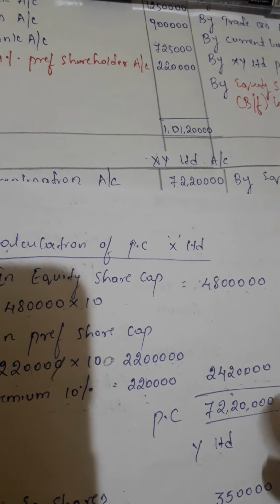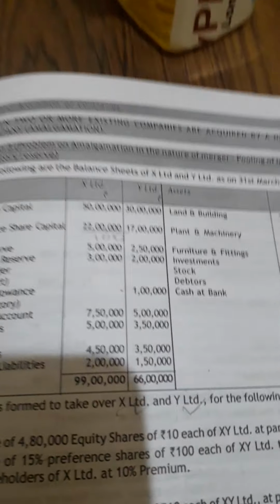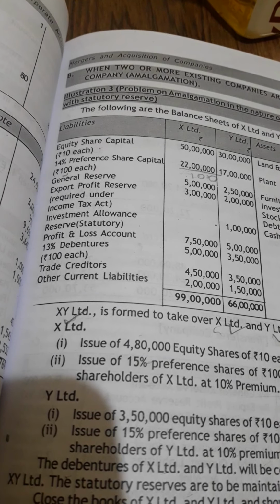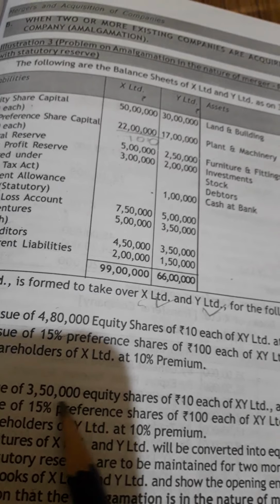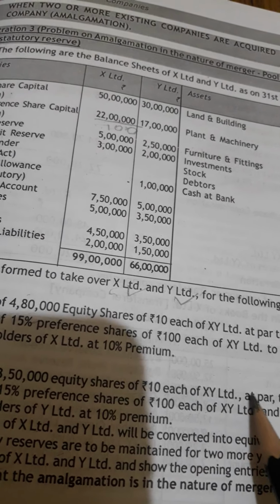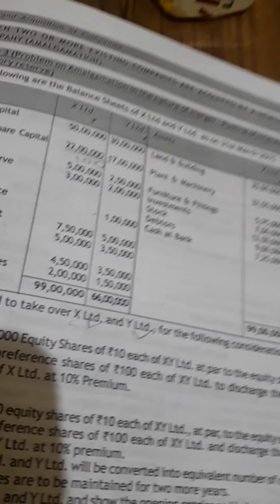In similar manner, we need to calculate PC for Y Limited as well. Now adjustment for Y Limited. First adjustment, issue of 3,50,000 equity shares of rupees 10 each of XY Limited at par to the equity shareholders.